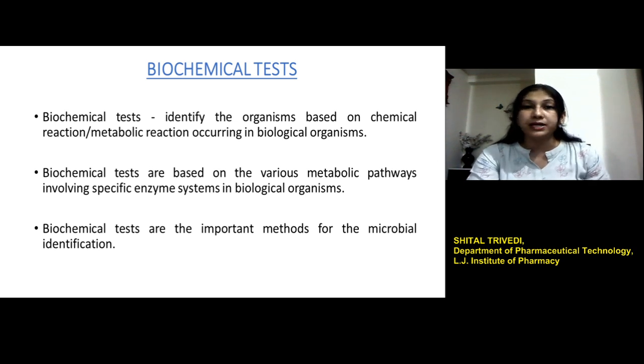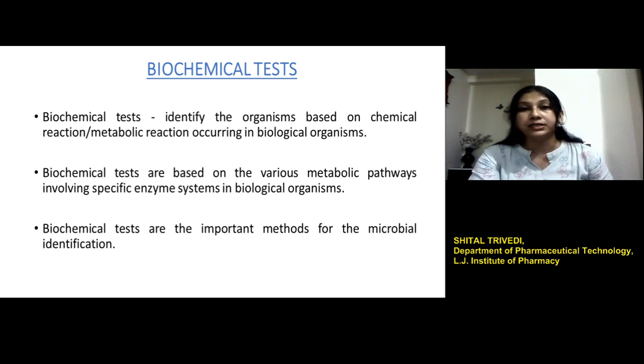The principle behind this is that different organisms have different sets of enzymes, whereby they follow different metabolic pathways and produce unique metabolic products, and the biochemical test can identify this metabolic product. Based on that, this test can identify the particular group of organisms or the specific organism.